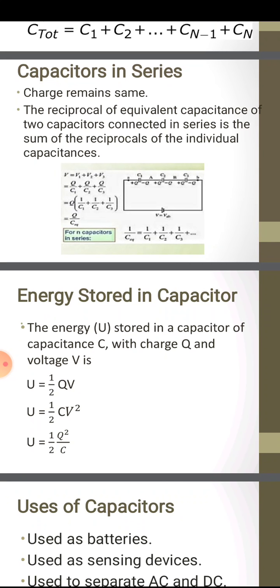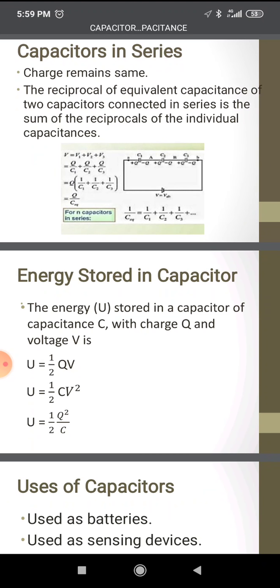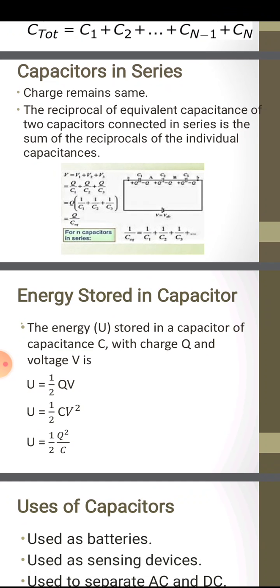And for equivalent capacitance, we will have 1 upon C is equal to 1 upon C1 plus 1 upon C2 up to Cn. That is, the effective capacitance when the capacitors are in series is going to be less than the least capacitance in the circuit.